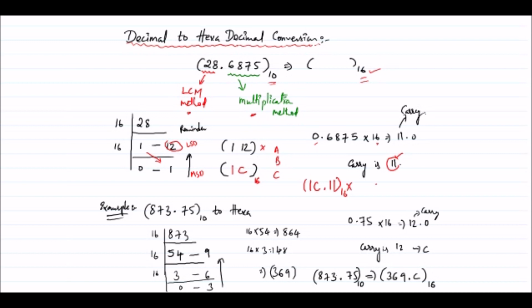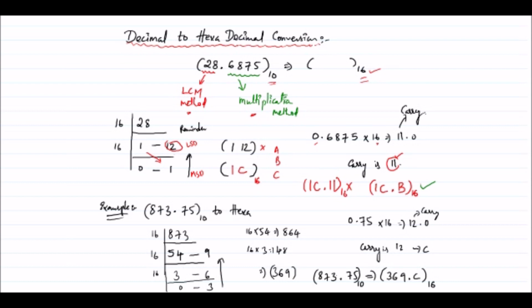We should not write the 11 value directly, we need to write the hexadecimal equivalent value. So 11 is B. So the answer will be 1C point B base 16. This one is correct.